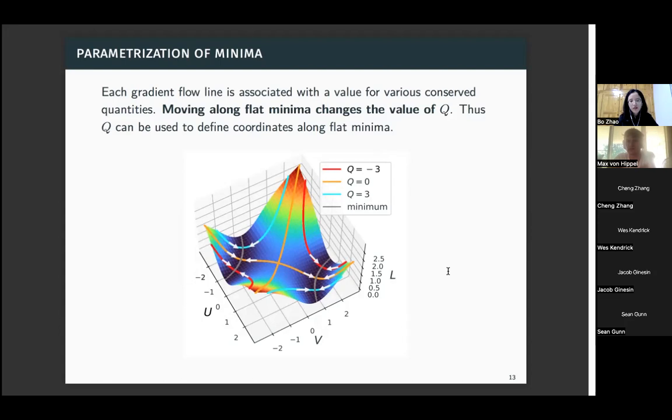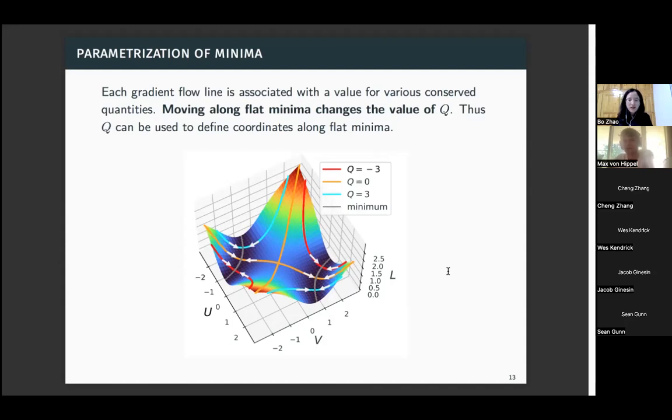And all of these red curves lead to a minimum that has the same conserved quantity value. And apparently here it leads to two different values, two different minima.